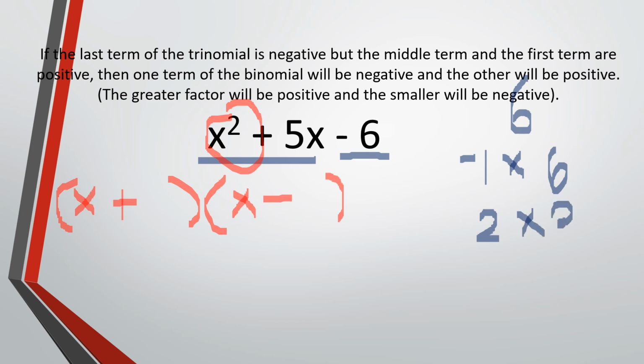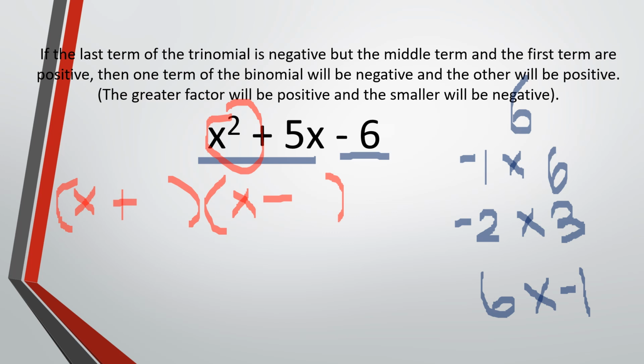Between 2 and 3, the smaller is 2, so we'll make it negative. Aside from that, we also have 6 and 1. The smaller is 1, so we have negative 1. Now, the product of these factors is negative 6.